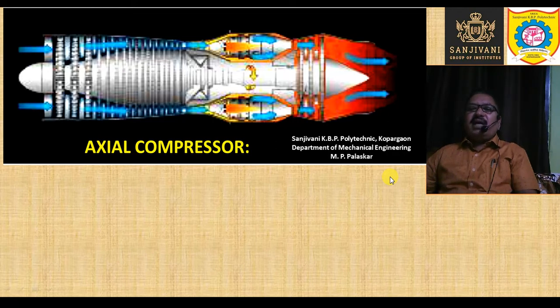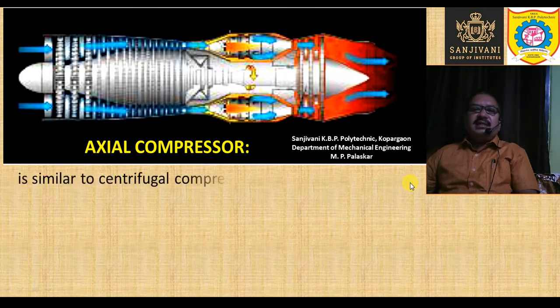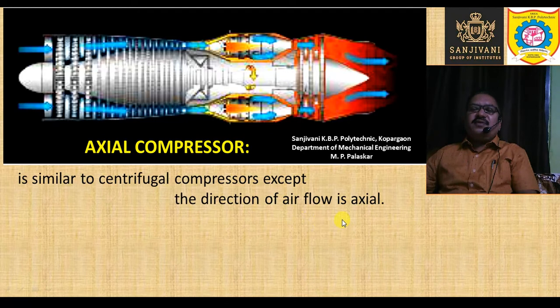But in the axial flow compressor the air will flow mainly along the axis of the compressor. So this axial compressor is similar to the centrifugal compressor except the direction of air flow, which is axial in the case of the axial compressor.